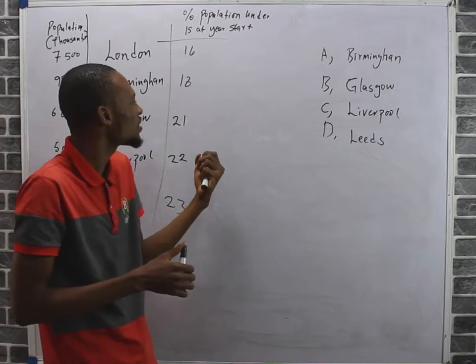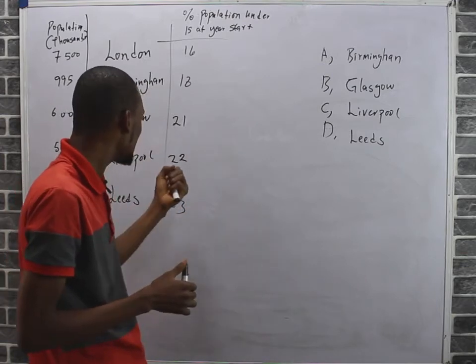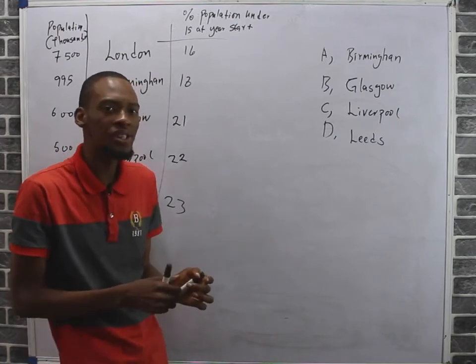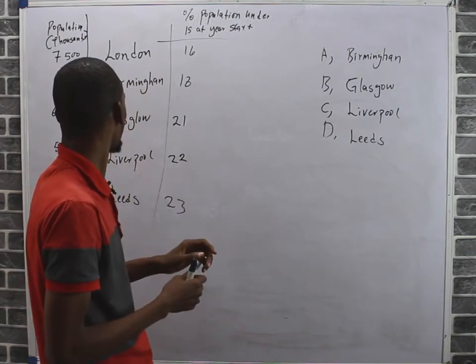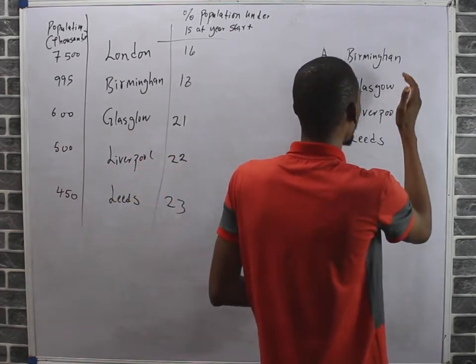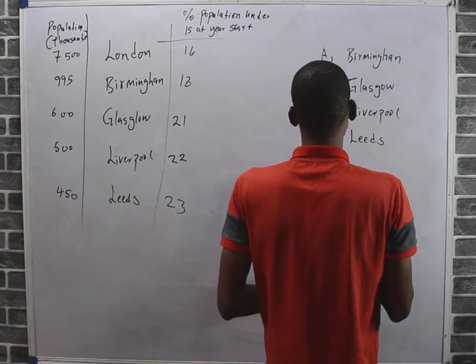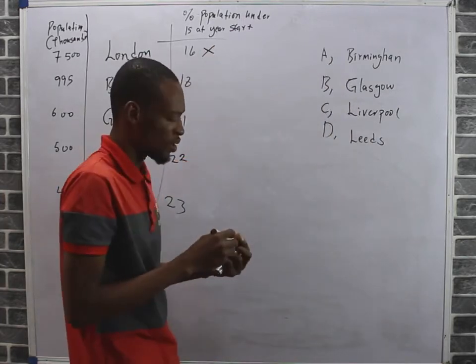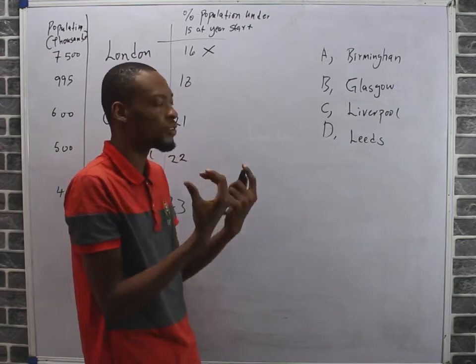In Glasgow it is 21%. In Liverpool it is 22%. And in Leeds it is 23%. In the options, they are asking us to choose between Birmingham, Glasgow, Liverpool, and Leeds. This means we are not counting London, but I will show you how to solve for London.